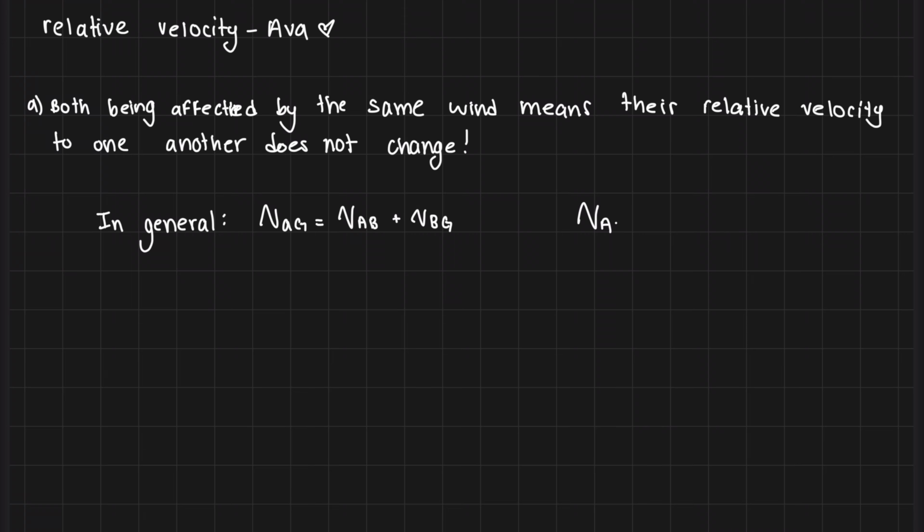Now that we have our formula, let's start by putting down our given information. We know that the velocity of plane A relative to the wind is 724 kilometers per hour east, and that plane B relative to the wind is 826 kilometers per hour to the west.